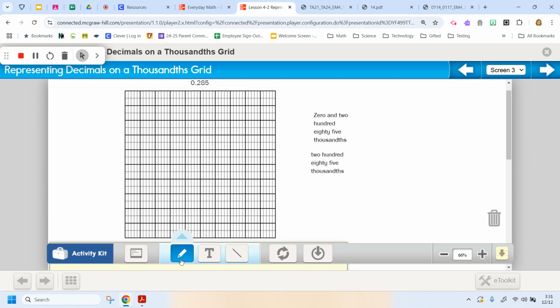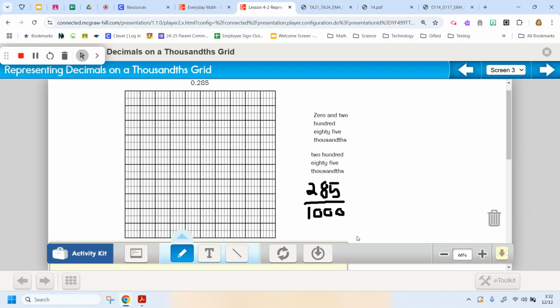Could I write that decimal number also as a fraction? We also did this yesterday. We could write it as 285, bear with me, I know it's a little bit messy, over 1,000.